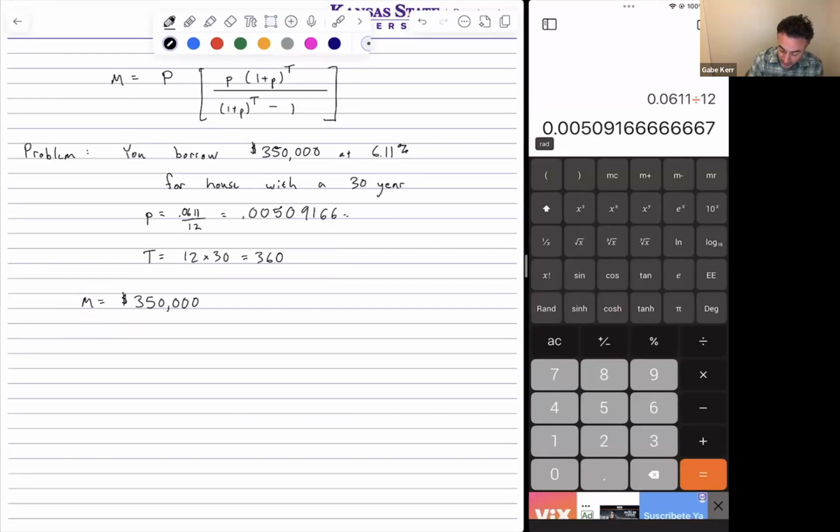And now we have this big computation in front of us. So it's going to be 0.0611 divided by 12. I'm going to go ahead and keep this fraction here, times 1 plus 0.0611 divided by 12 to the 360.